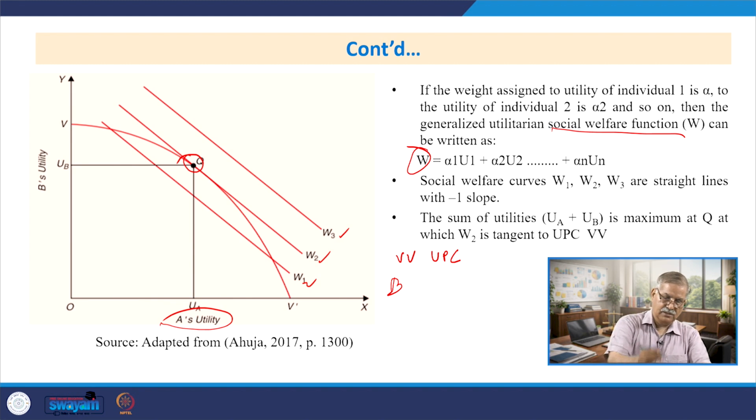So here the utility is maximized, but you can also see any point below VV, say this point, will be called an inefficient point, and moving from this point towards the utility frontier means a Pareto improvement. I will discuss these things in greater detail later on.